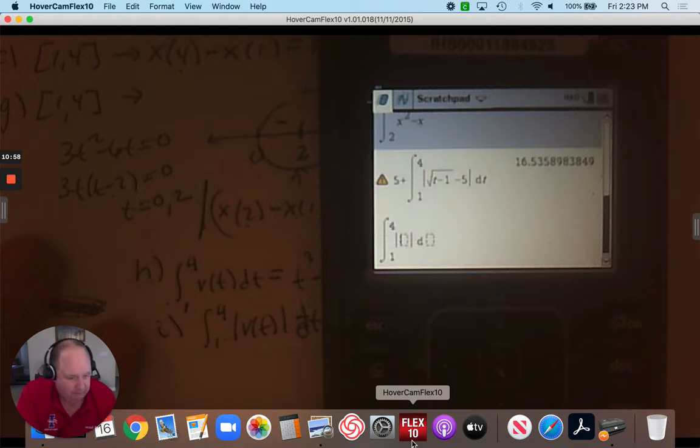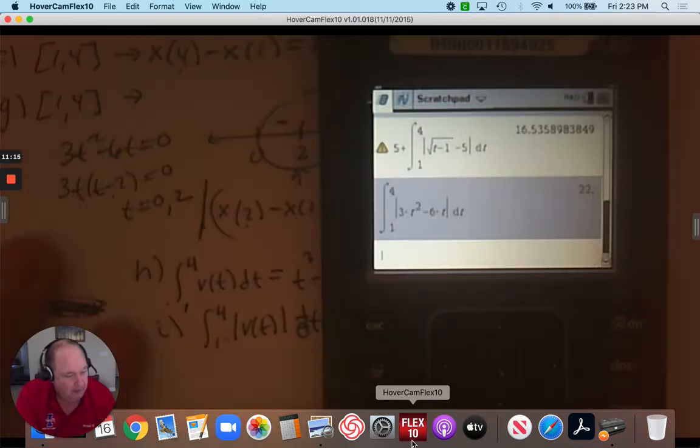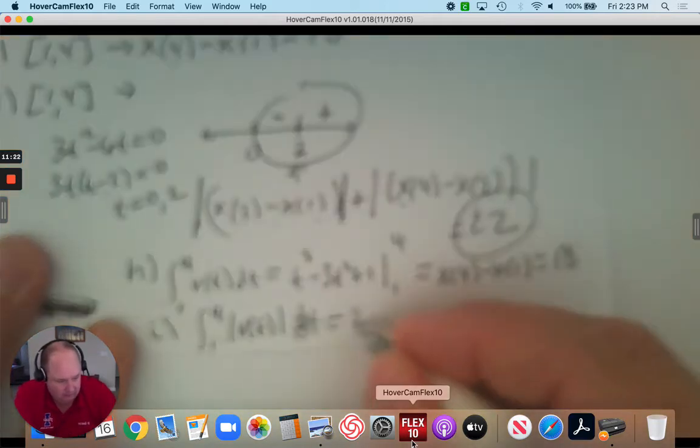And then plug in the velocity, which is 3t squared, subtract 6t, and then dt. All right, so plug in what the velocity equals, go Control Enter, and what answer do you get? 22. Wait a second, where did I see that number before?